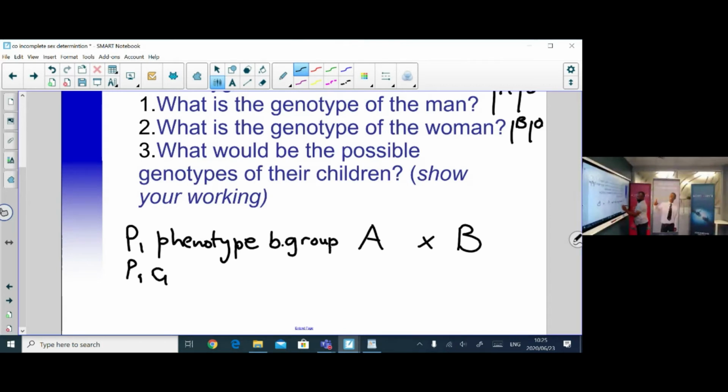Remember how to represent our genotype. Since they are heterozygous, it becomes easier for us. A and B.